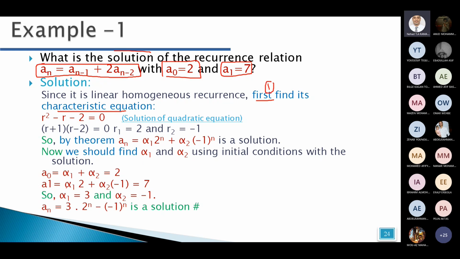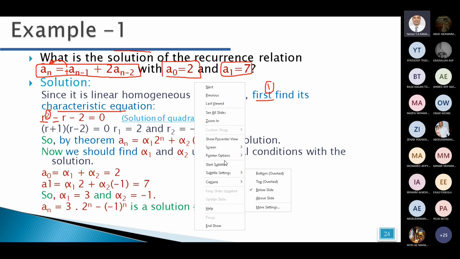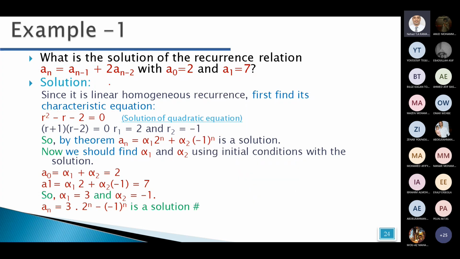How to find it? Okay, a_n is r^n. Here we have plus 1, it becomes minus there. First of all, you need to know the degree here. The last one is minus 2, so the degree k equals 2.